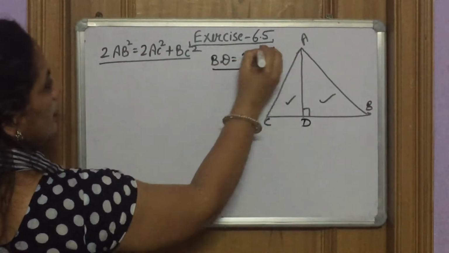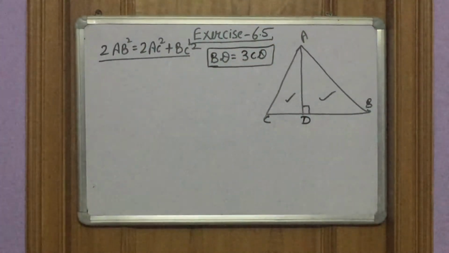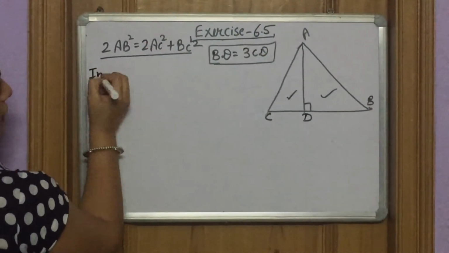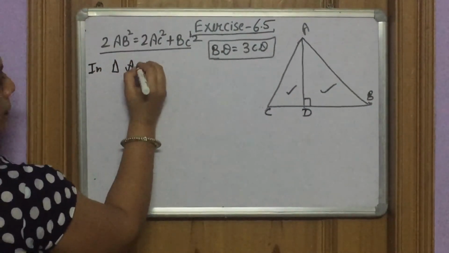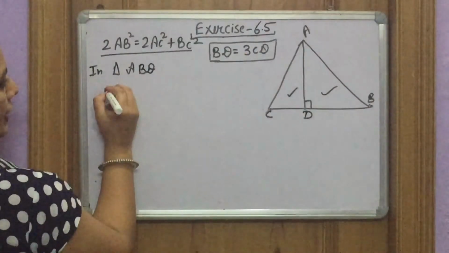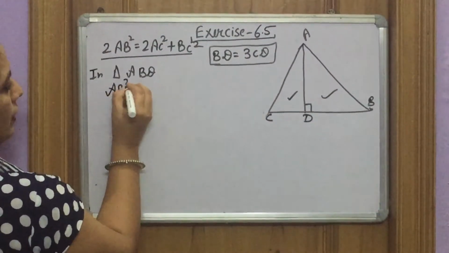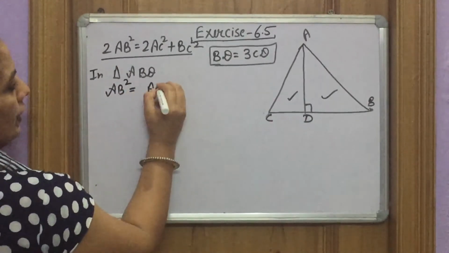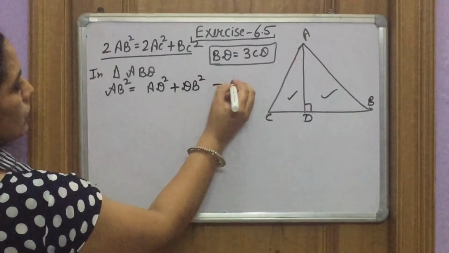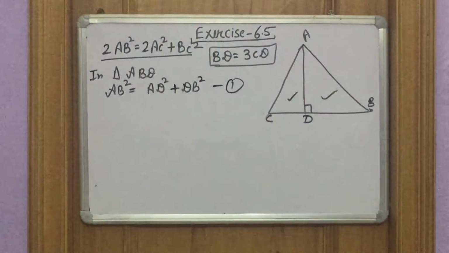We will use this given condition. So first of all, apply Pythagoras theorem in triangle ABD. In triangle ABD, AB square is equal to AD square plus DB square. So this is our first equation.